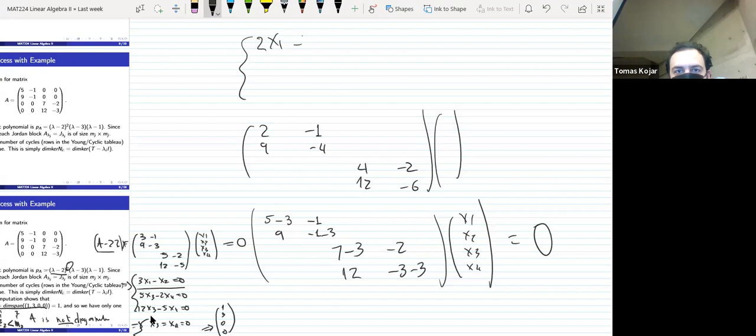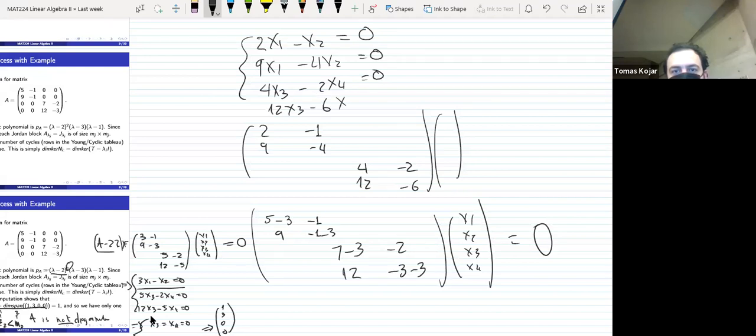2x1 minus x2 is 0. 9x1 minus 4x2 is also 0. 4x3 minus 2x4 is 0. 12x3 minus 6x4 is 0. And you get contradictions, right? So x2 becomes 0 because you can just do like 4 times.